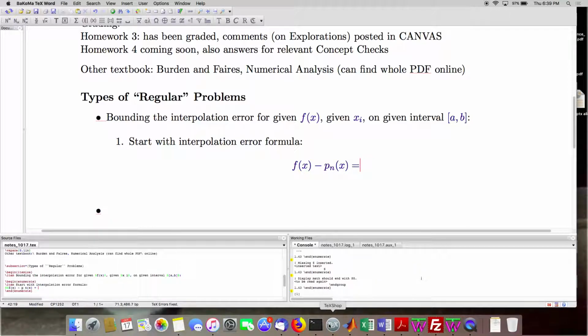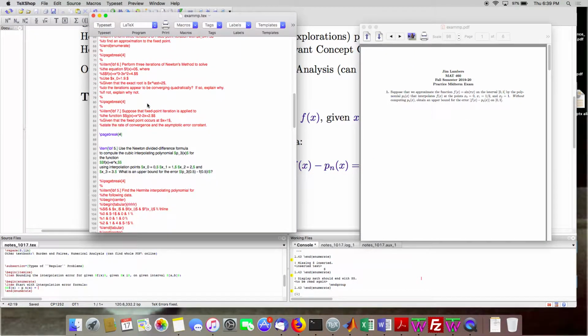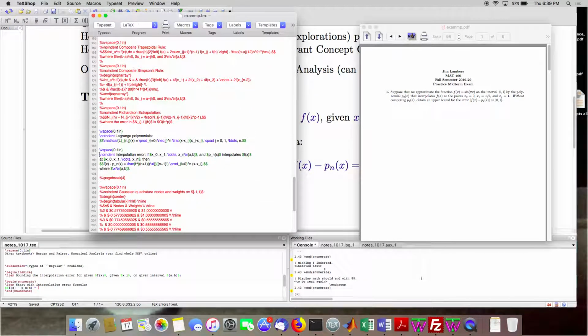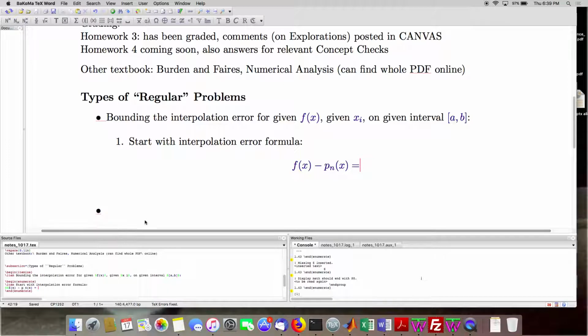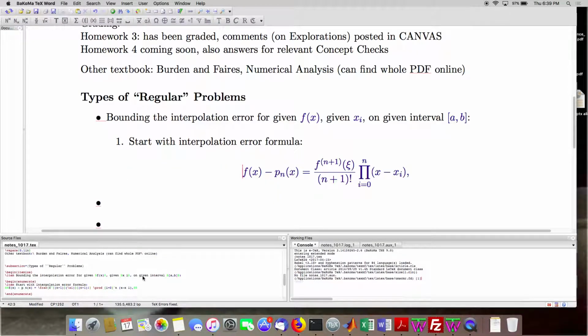Actually, I'm going to be lazy. Are you saying this is the sheet that you were providing? Yes. Oh, I didn't realize that we were going to have a formula sheet.